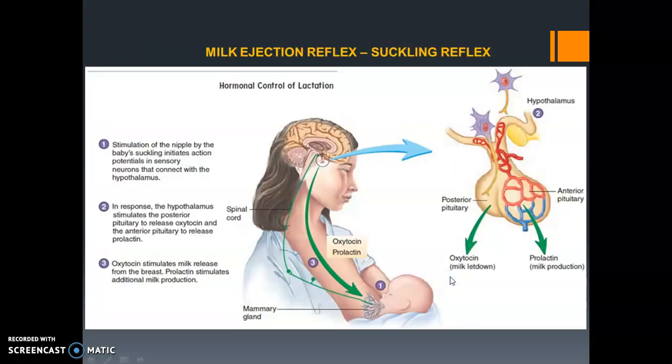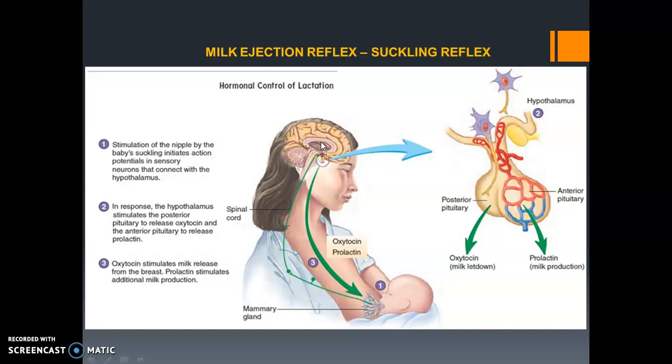So this picture makes it very clear. This is the milk ejection reflex or the suckling reflex. First, the baby sucks the nipple of the mother, and this suckling stimulates the sensory cells in the nipple of the mother, and the information is sent to the hypothalamus.